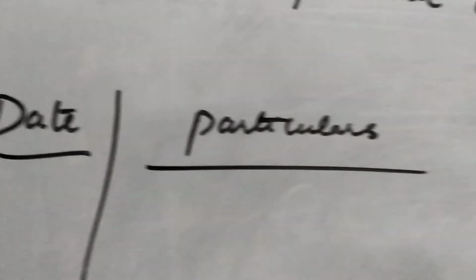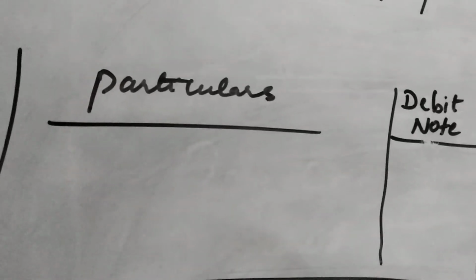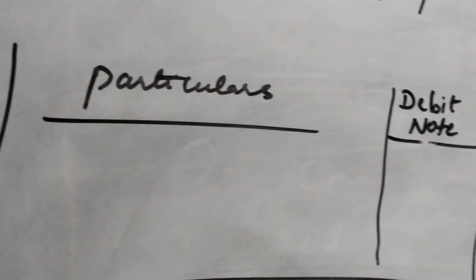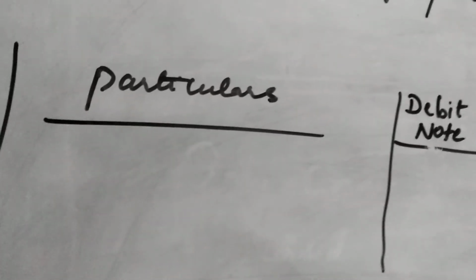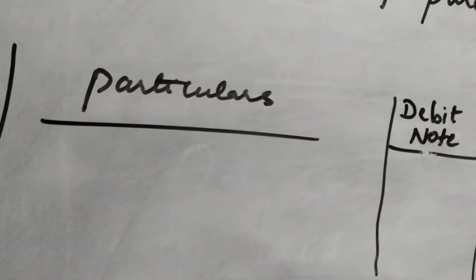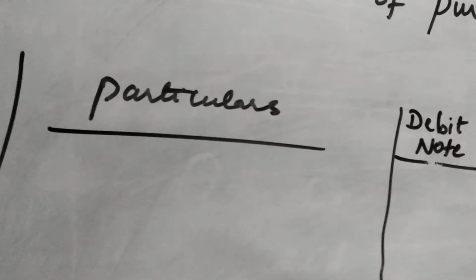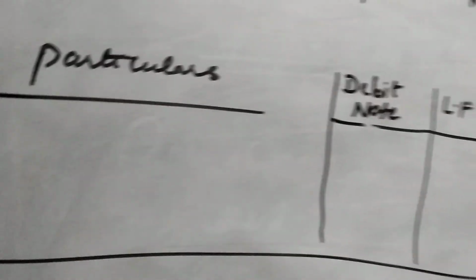Able to understand? The buyer will send a debit note to the supplier stating why he is returning the goods back to the supplier, how many units are being returned, what is the unit price, what is the total value. So all these things will be mentioned in the debit note.